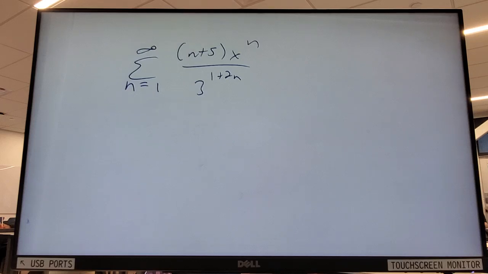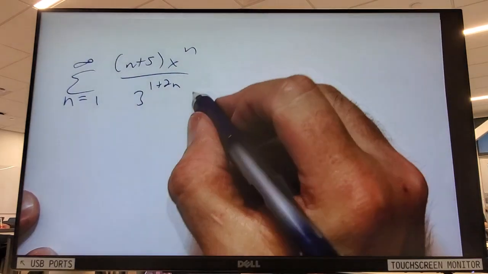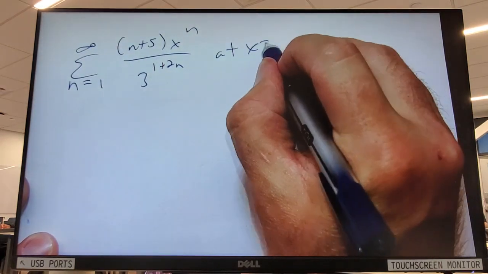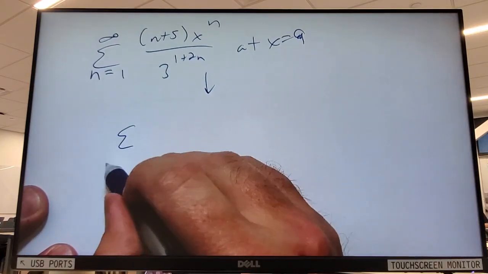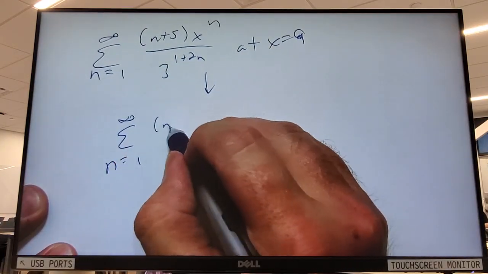And I'll tell you one extra little thing you can do on the bottom. Powers 1 plus 2n, you can break that up, yes? You add powers when you are multiplying, yes? So the first step is just throw a 9 in.